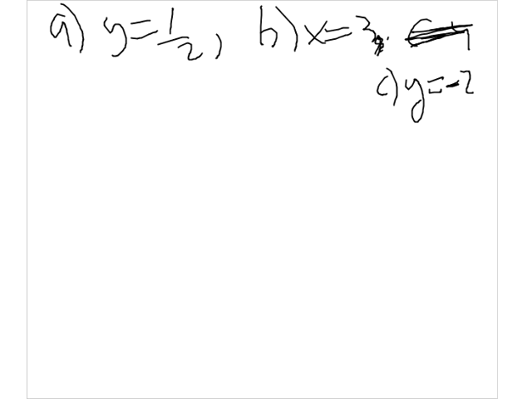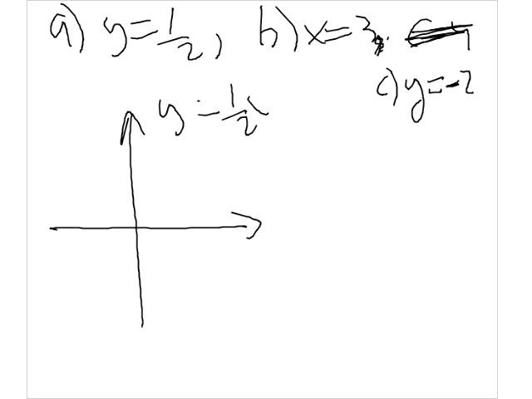Okay, so let's look at y equals 1/2 x first. Well, when x is equal to 0, 1/2 of 0 is 0. When x equals 2, then y would equal 1/2 of 2, or 1. When x equals 4, y equals 1/2 of 4, or 2.